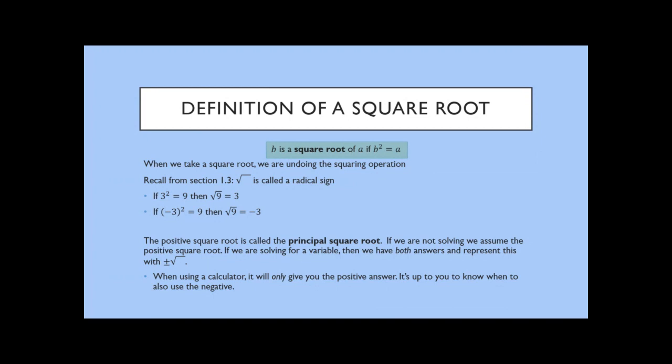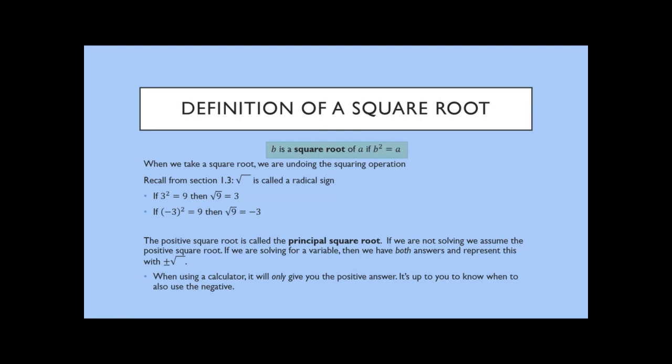So using this symbol, and we saw this in section 1.3, if you have 3 squared is equal to 9, then if you're taking the square root of 9, your answer is 3. But also, negative 3 squared, when it's in parentheses like that, also gives you a positive 9 because a negative times a negative is a positive.